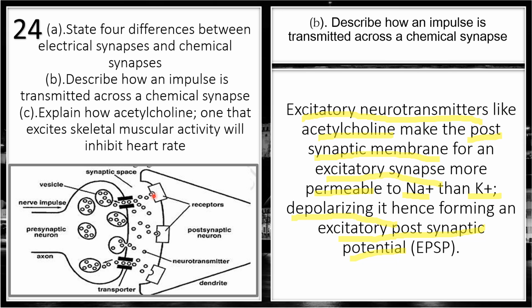And they are going to make this membrane become more permeable to sodium ions, which will allow sodium ions to enter into the postsynaptic neuron, and this is going to depolarize the postsynaptic membrane. And we are going to form what we call the excitatory postsynaptic potential on the postsynaptic membrane.